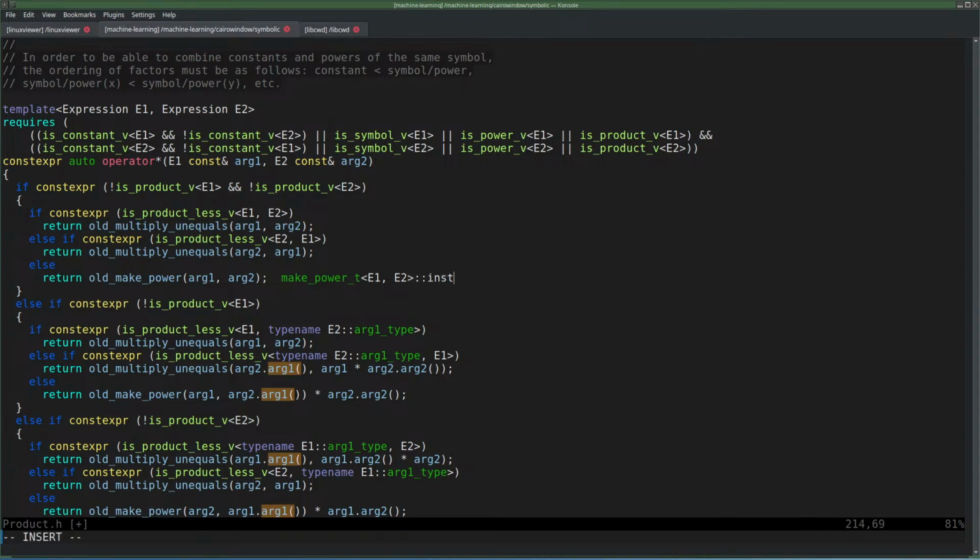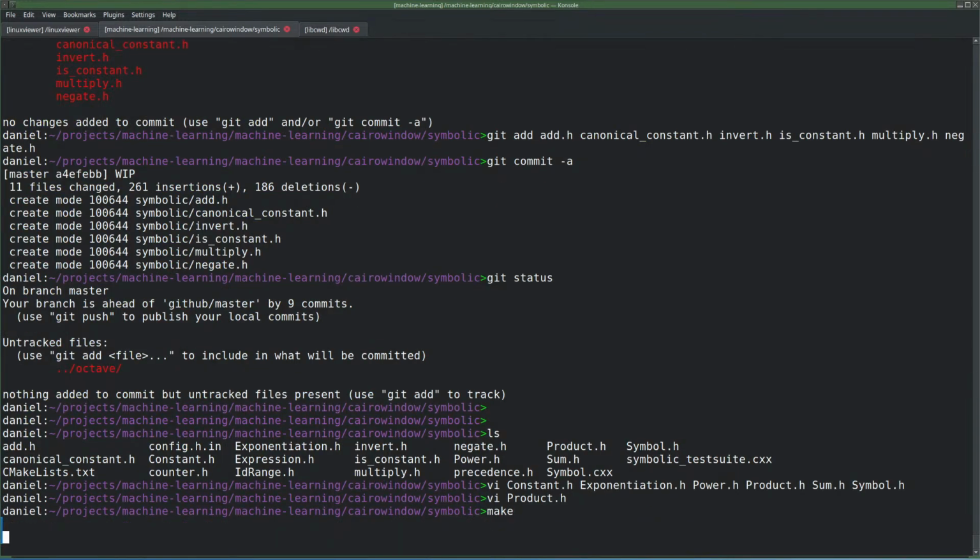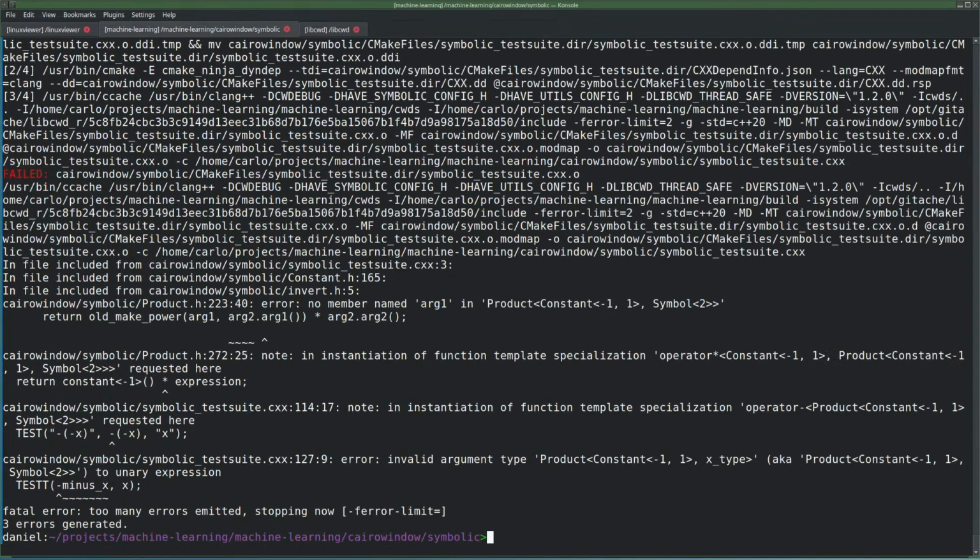And then instance, but this instance is only required because I'm returning from operator star. So this should work. It doesn't because I removed arg1.